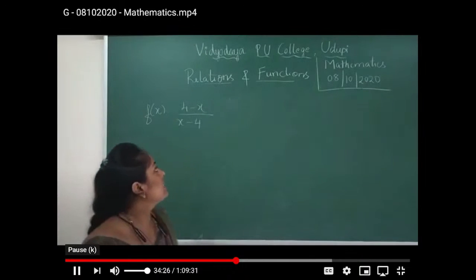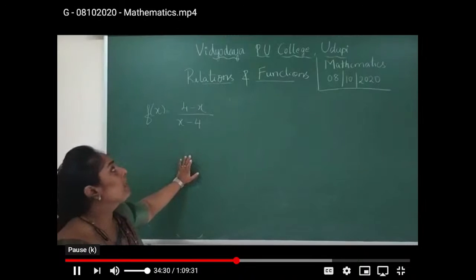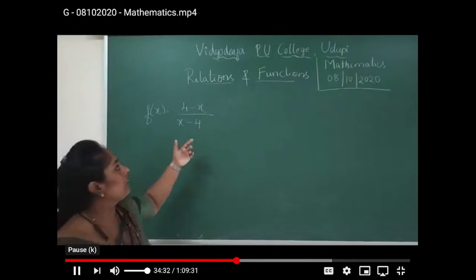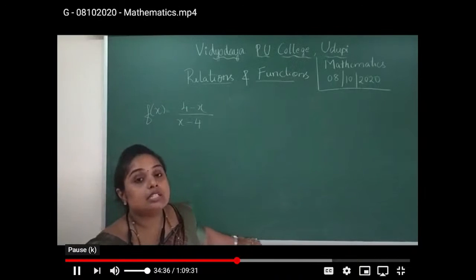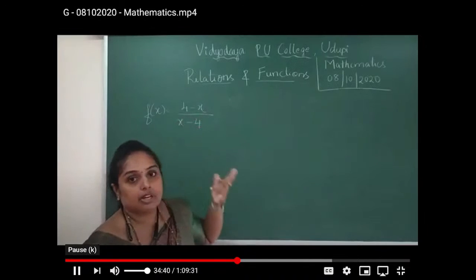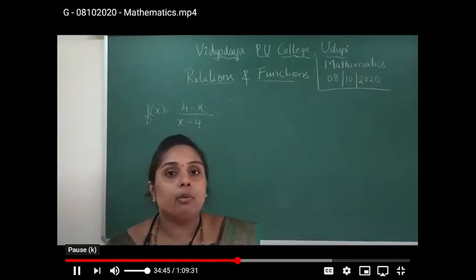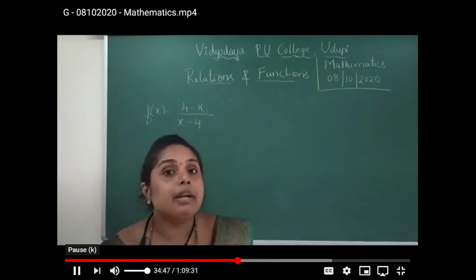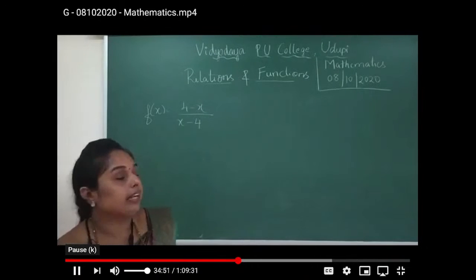Once again, looking at the function, you can tell when the function is not defined. If the denominator is 0, then the function is not defined. The numerator can be any value, and 0 divided by any number is 0, but any number divided by 0 is not defined.